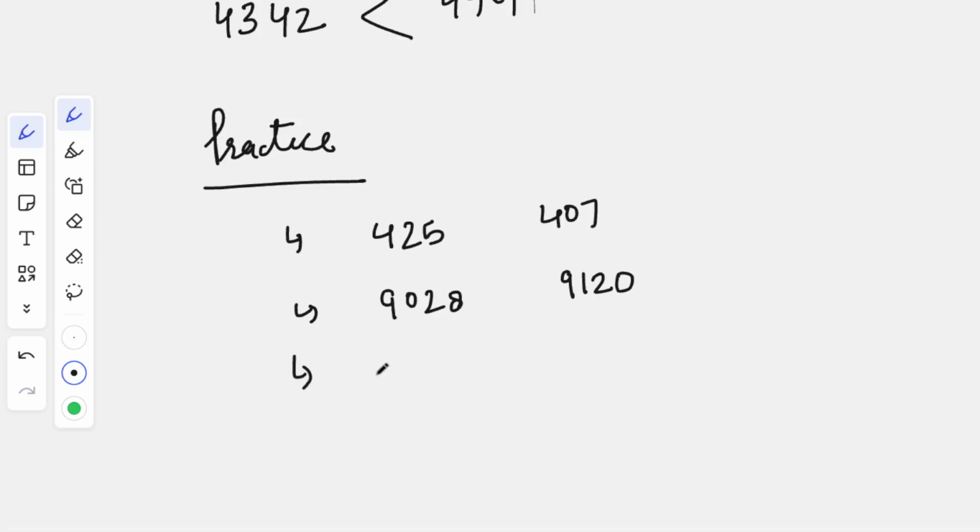And the third comparison I want you to try is 425 with 9028. Okay? Follow the same process. Don't get scared about how many digits a number has, if the digit is repeated. Nothing. The process is simple. Do it step by step and you'll get the answer.